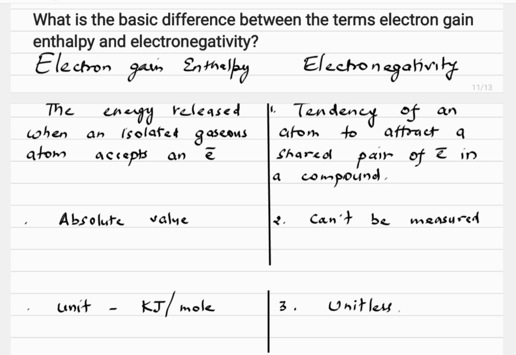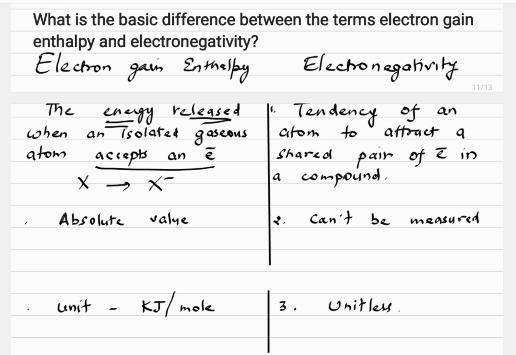Electron gain enthalpy is the energy released when an isolated gaseous atom accepts an electron. Okay, so here complete acceptance of electrons takes place. An atom becomes an ion. Okay, and some energy is released.